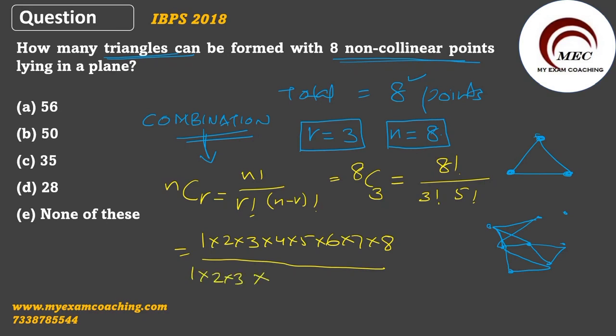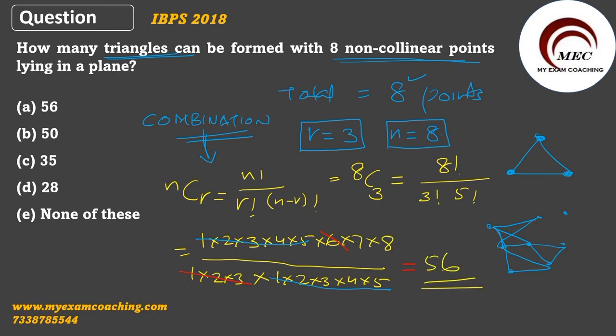Again 5 factorial में 1 into 2 into 3 into 4 into 5. So now you see you can cancel 1 into 2 into 3 into 4 into 5 with 1 into 2 into 3 into 4 into 5. Now 1 into 2 into 3, this 6 you can cancel with this 6. So what is left now? 7 into 8, which is equal to how much? 56.